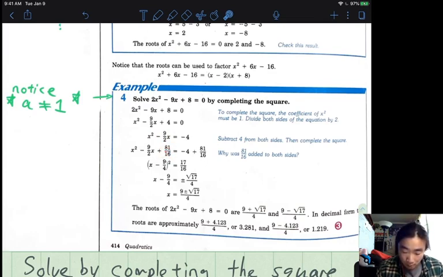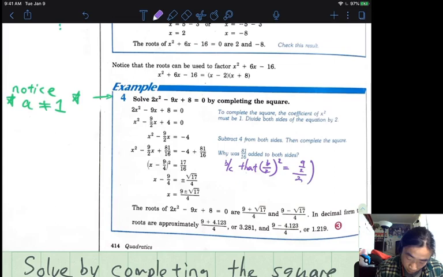Okay, so why was 81 over 16 added to both sides? Because that's b over 2 squared, right? Which was 9 over 2 divided by 2 squared, 9 over 4 squared, 81 over 16.